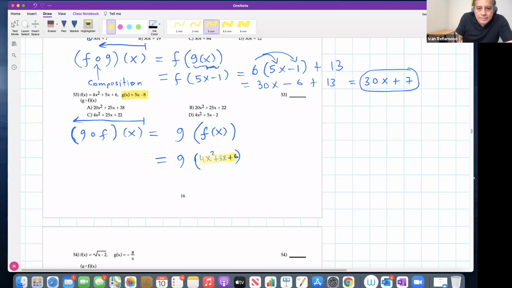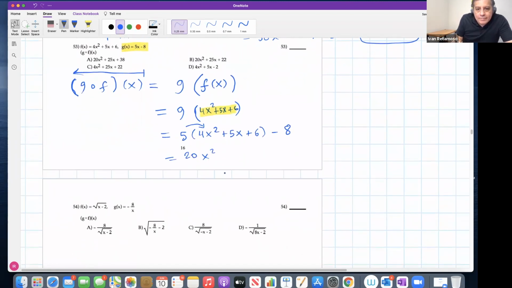So the g function is saying, take your input, whatever it is, in this case this guy, and multiply it by 5. Remember, x is just a placeholder for the g function, right? And then subtract 8 from the result. This is what you gotta do. So 5 times 4 is 20, x squared.